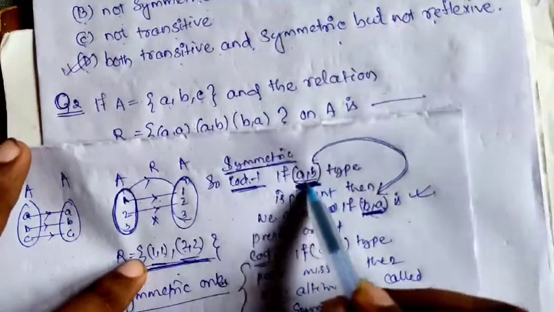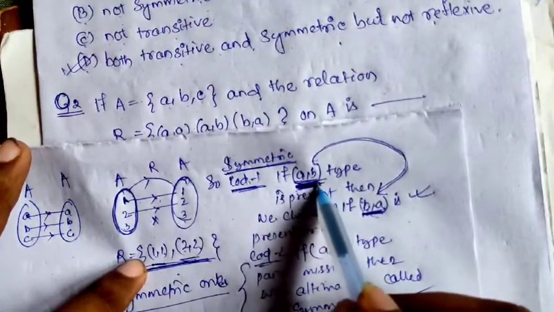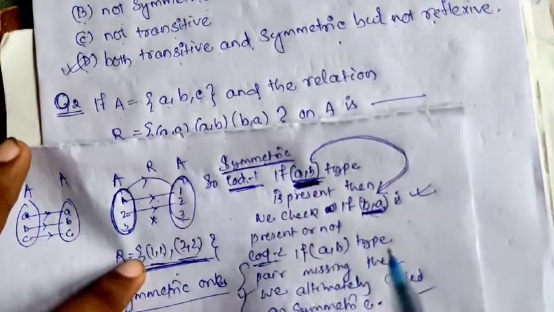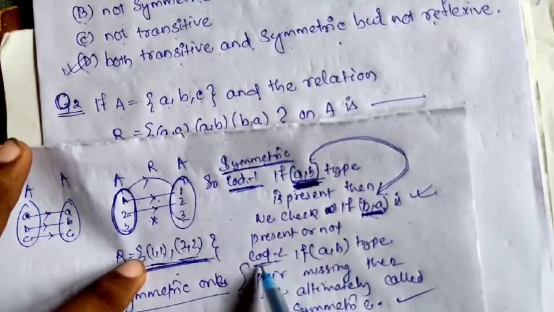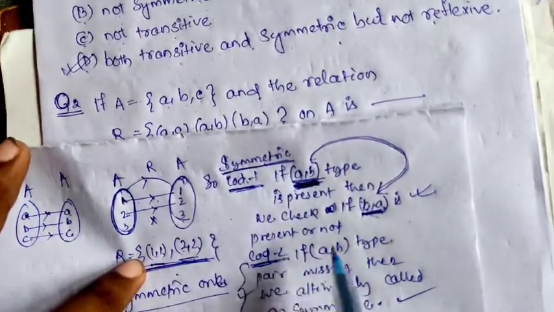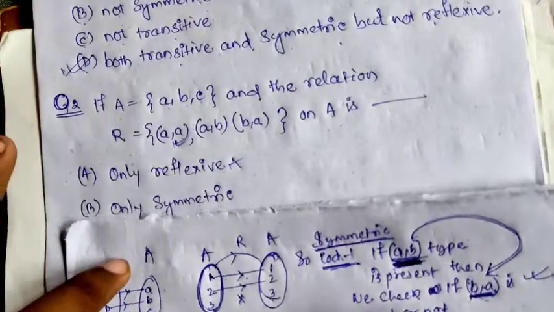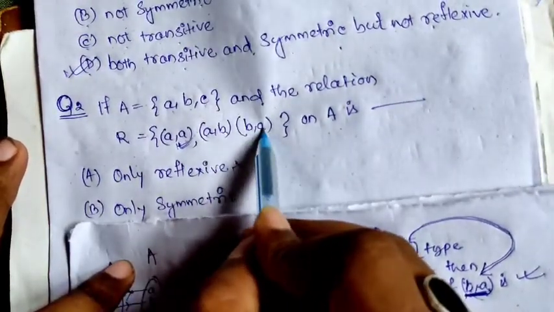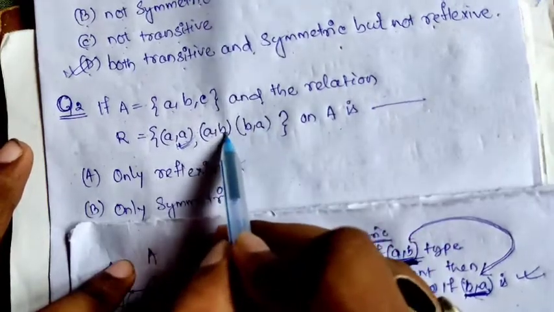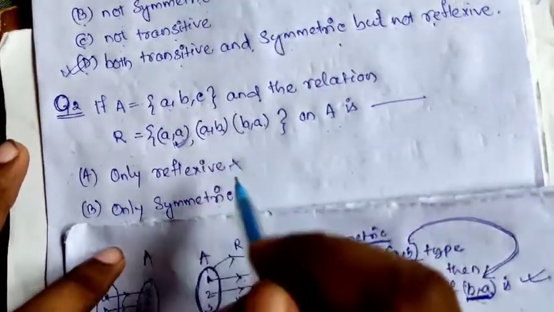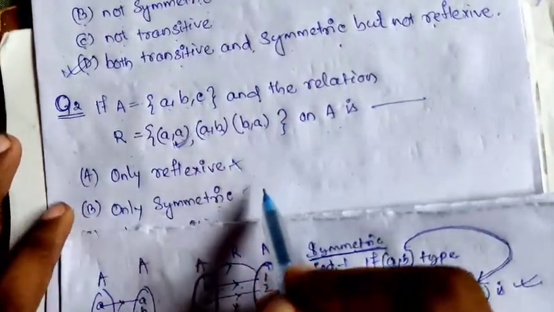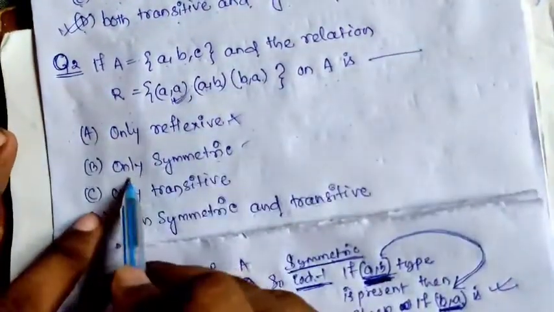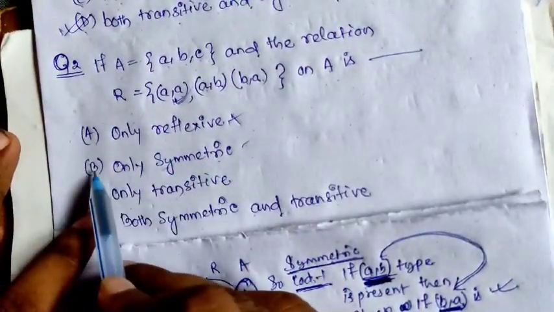But if AB is absent, then we ultimately call it symmetric, which is written in condition 2. So here AB is present and BA is also present, so it is a symmetric one. So only symmetric is written here in option B.